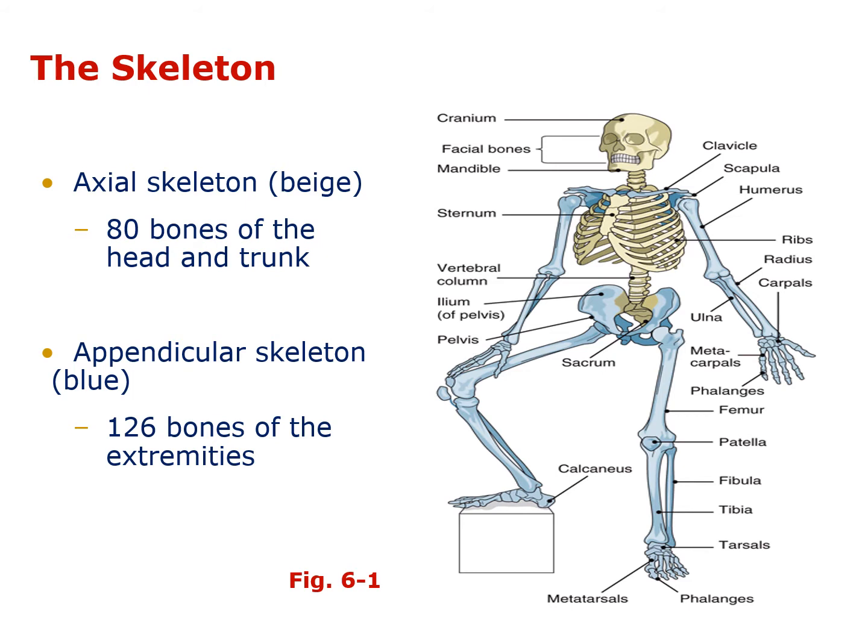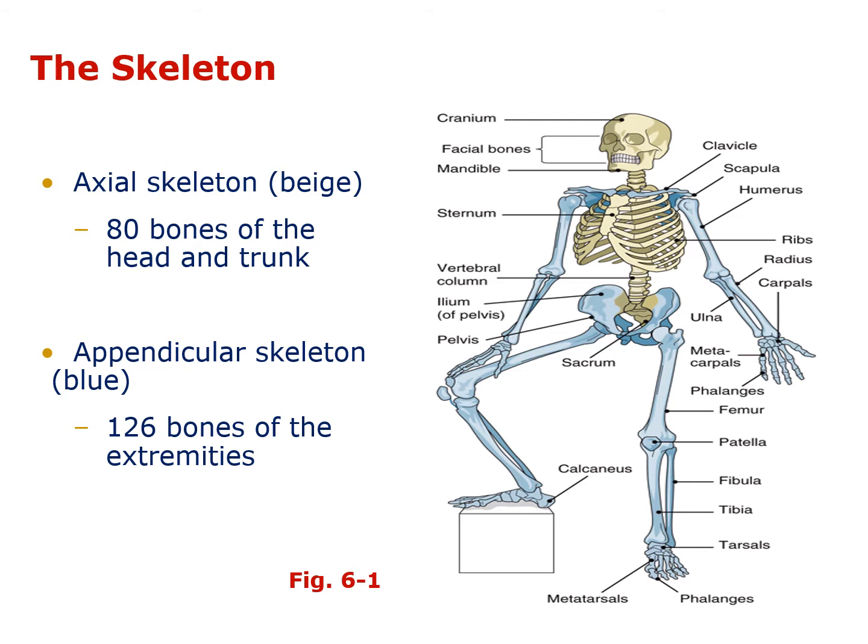We have the facial bones. We have the mandible. We have the spinal column, the sternum, the ribs, all of that is the axial skeleton, okay? There's 80 bones here, and it's depicted here in beige.